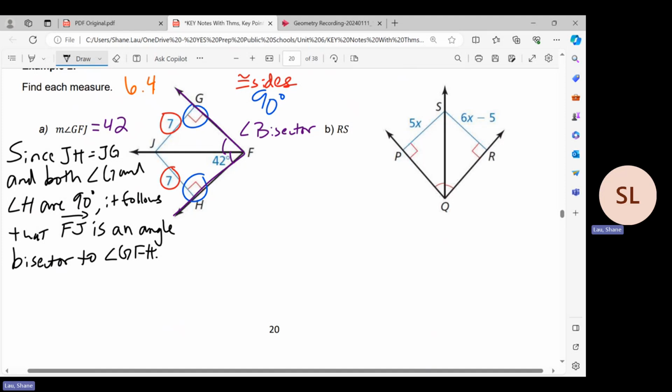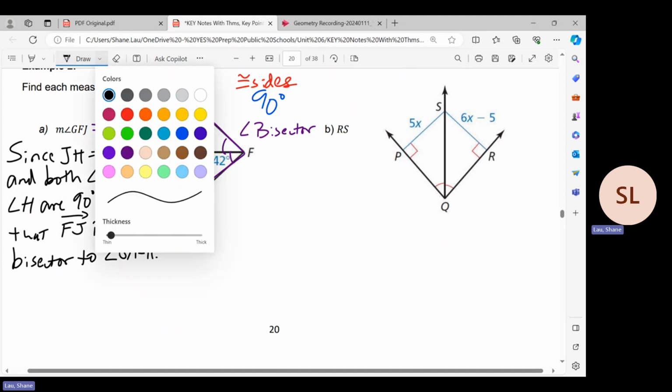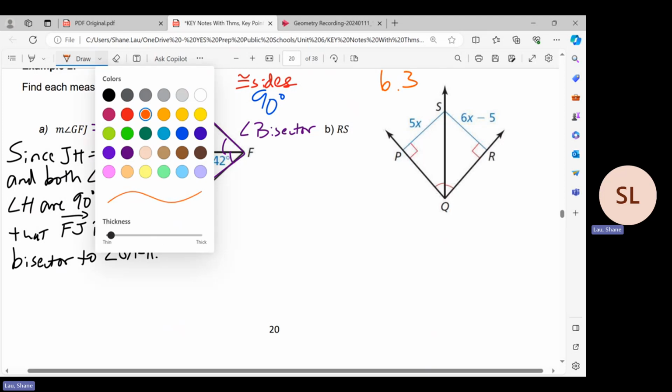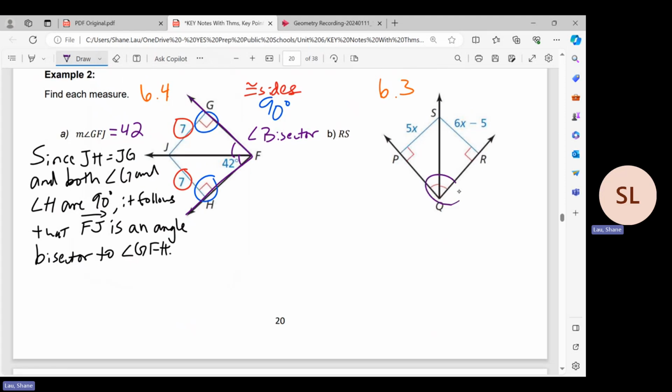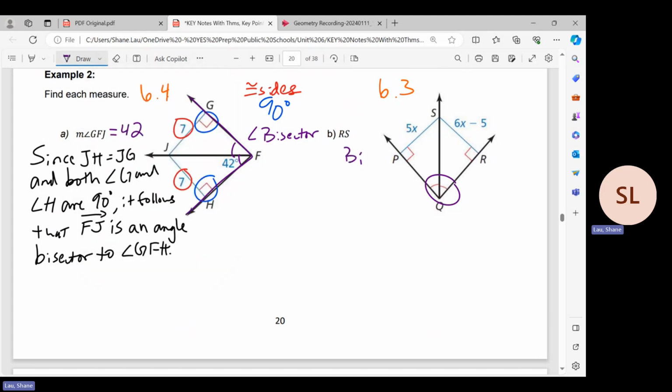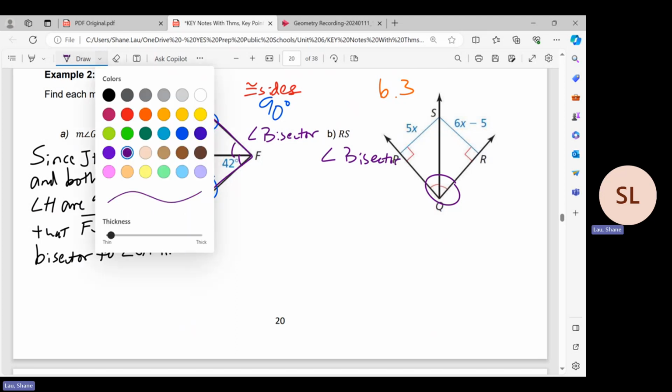So if this was 6.4, we definitely need an example of 6.3, and we do see it here in B. This is definitely a 6.3 problem. That reason being is, well, we have our bisector already available right there. Write that down first, angle bisector more specifically.